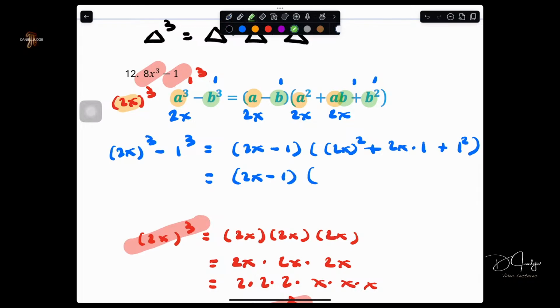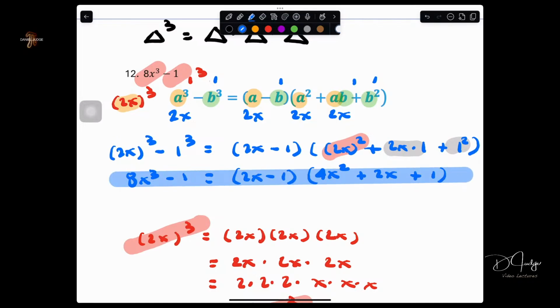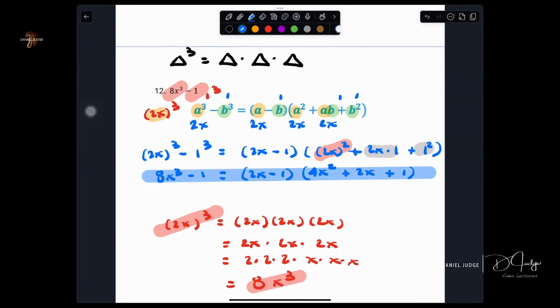So the work over here now, 2x raised to the second power becomes 4x squared plus 2x plus 1. So just do your multiplication over here and here. So 8x cubed, excuse me, minus 1, using the difference of perfect cube formula becomes what you see here.